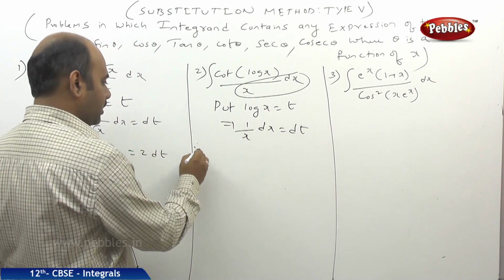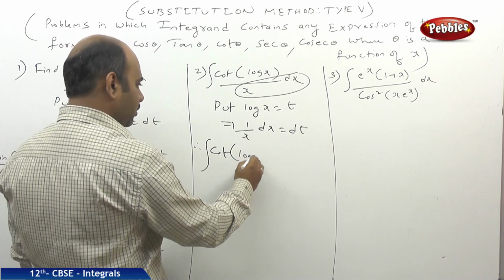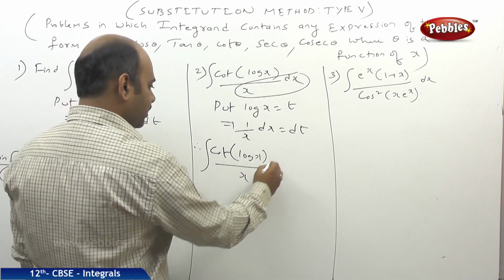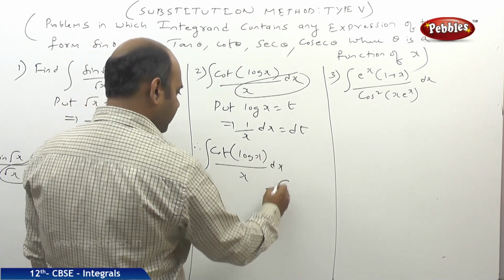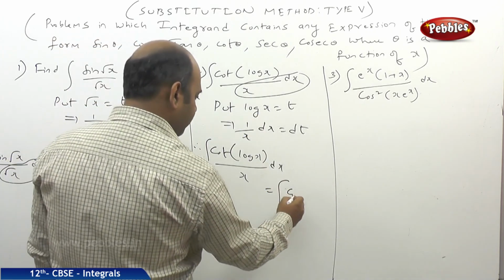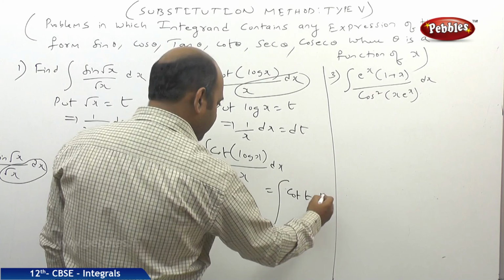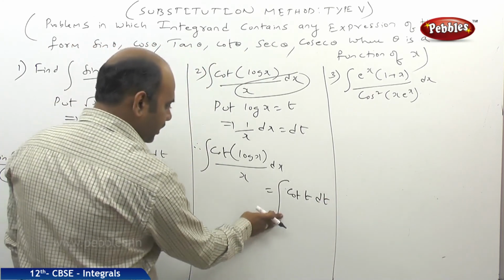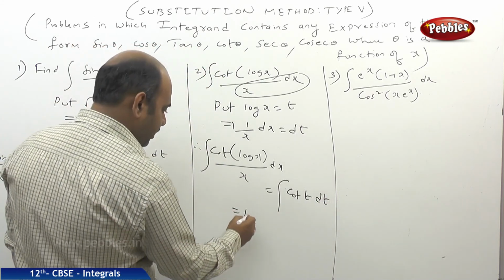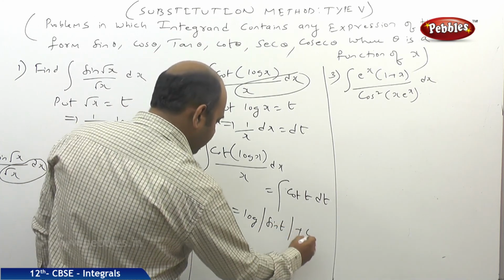So finally, our problem will go to integral of cot of log x by x dx, which is integral of cot t dt, with log x as t. Just now we had seen integral of cot t dt means log mod sin t plus c.